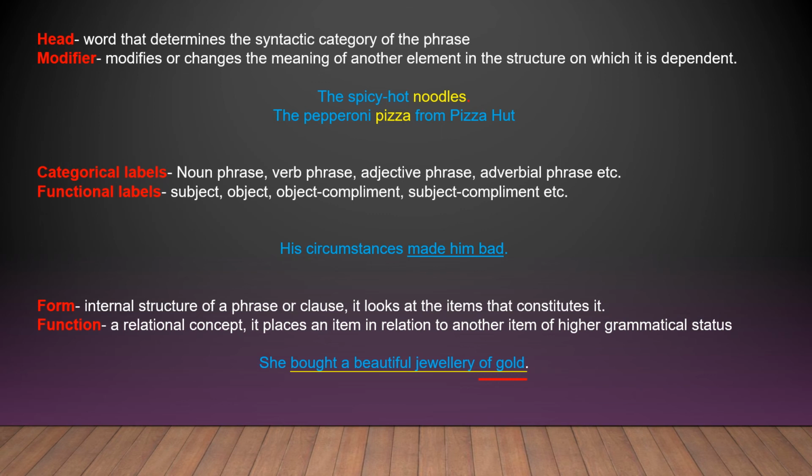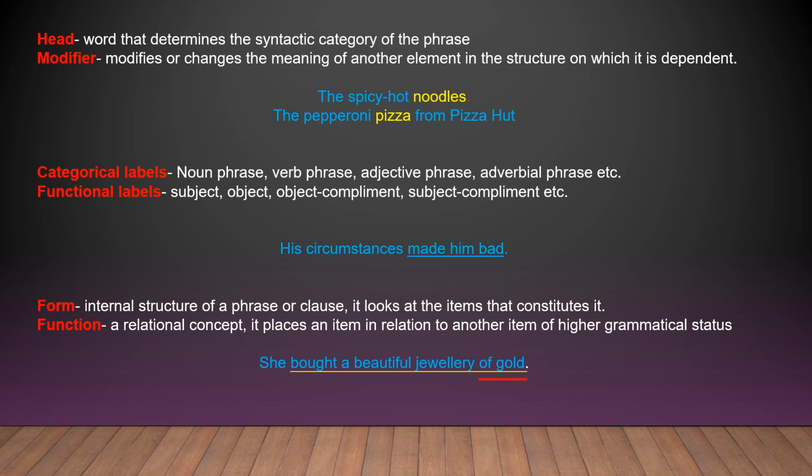In functional label, it is not fixed. Based on the role that element is playing in a sentence, you label it as the subject of the sentence, or object, or the object complement, or subject complement. So based on the function, you put these labels.